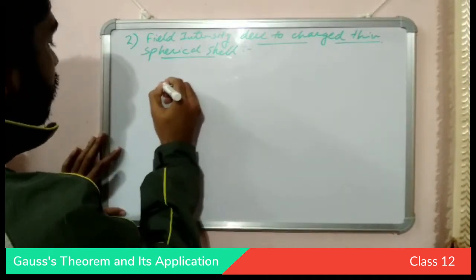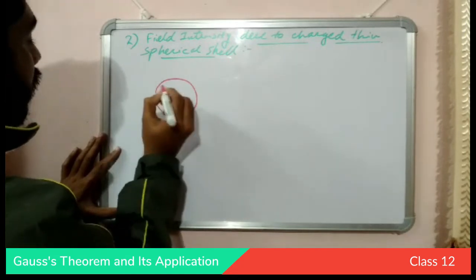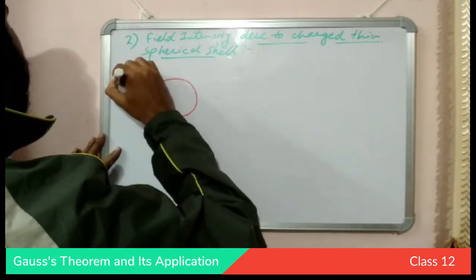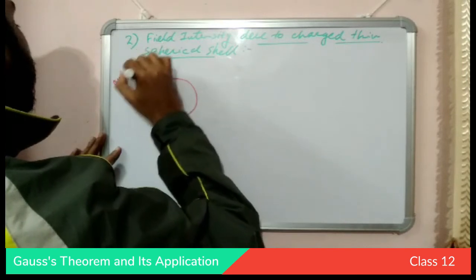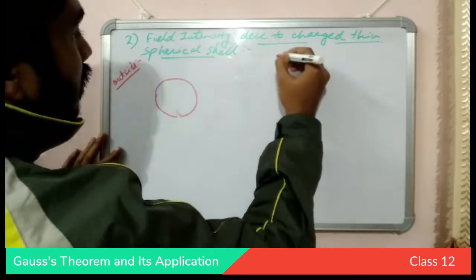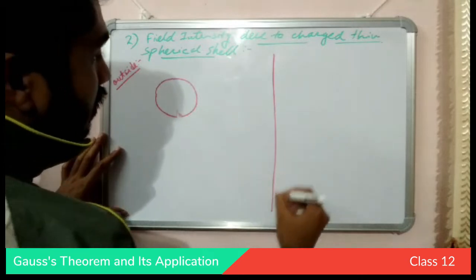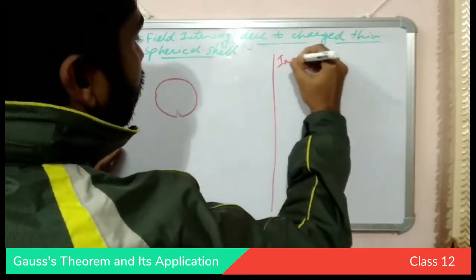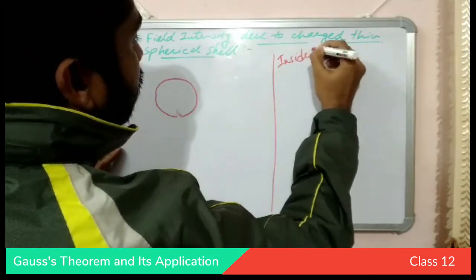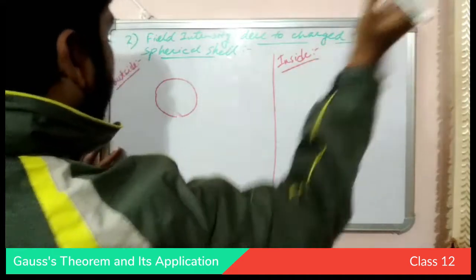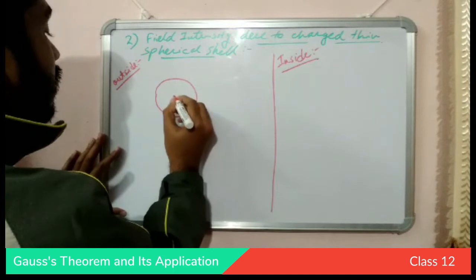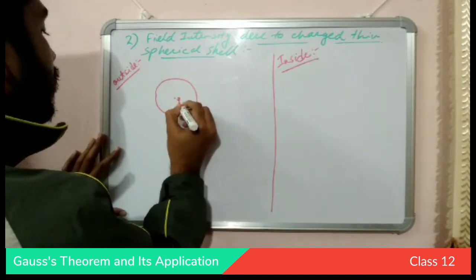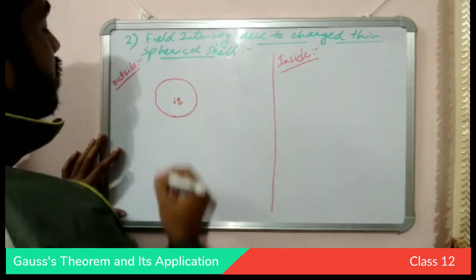Suppose there is a spherical shell, it is outside, and we will do the inside later. So suppose this is our spherical shell, it is charged with a positive charge q.